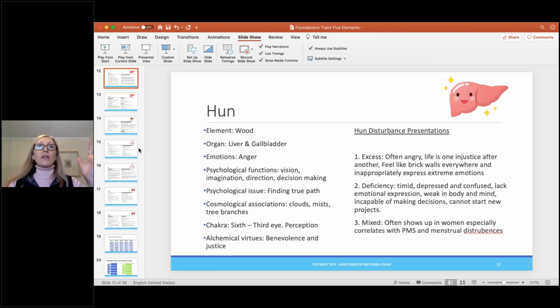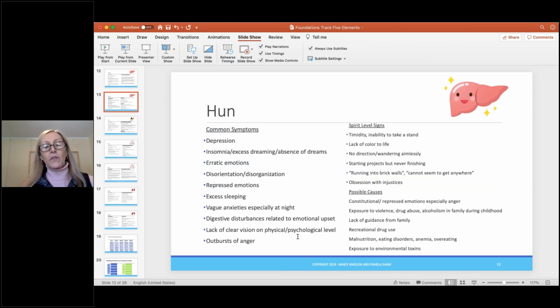A mixed combination of excess and deficiency of the Hun will show up often in women with PMS and menstrual disturbances. When the liver is disturbed, the Hun flies away and the soul becomes confused and disorganized. And that's very true, right? Very true.